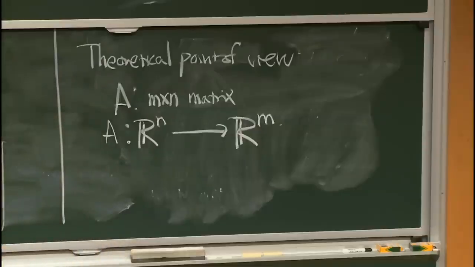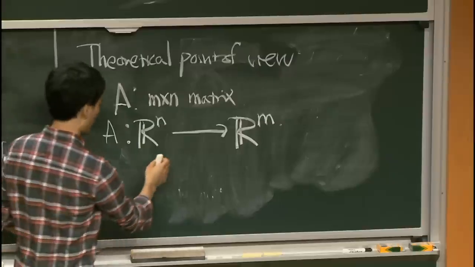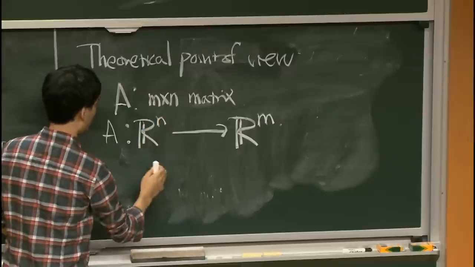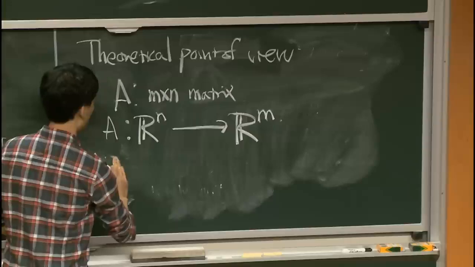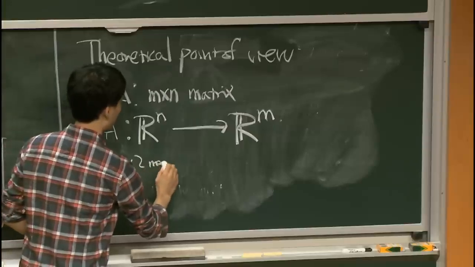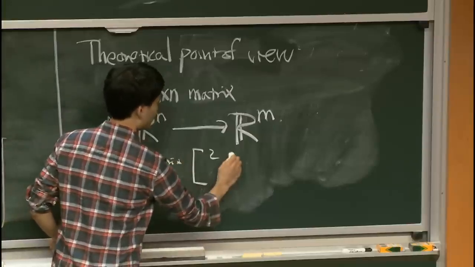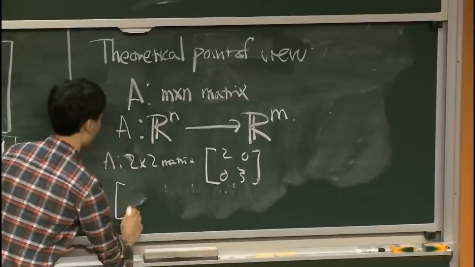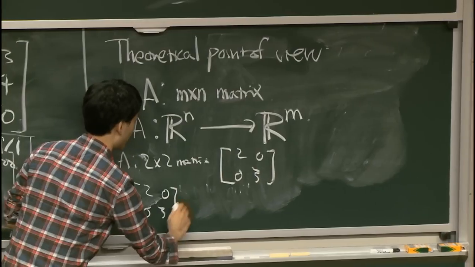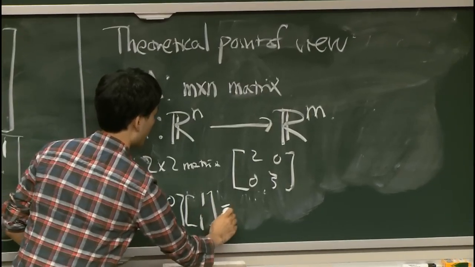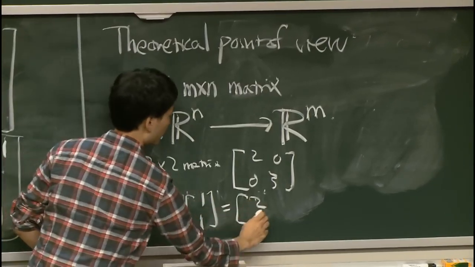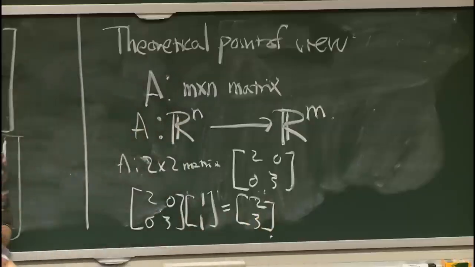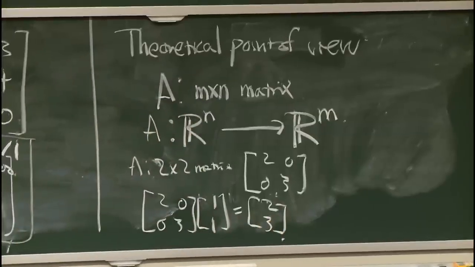That sounds a lot more abstract than this, right? Okay, so let's just take a very small example. If A is a 2 by 2 matrix, 2, 0, 0, 3, then 2, 0, 0, 3 times, let's say, 1, 1 is just 2, 3. Right? Does that make sense?